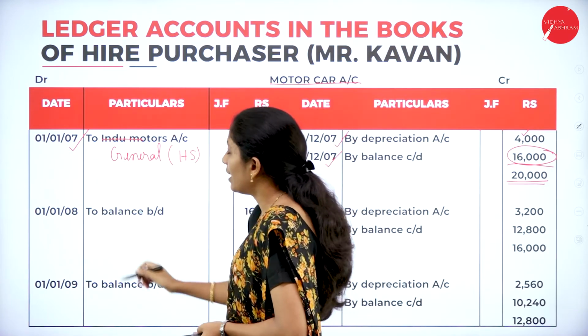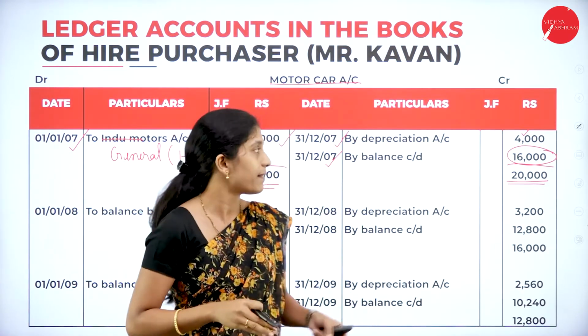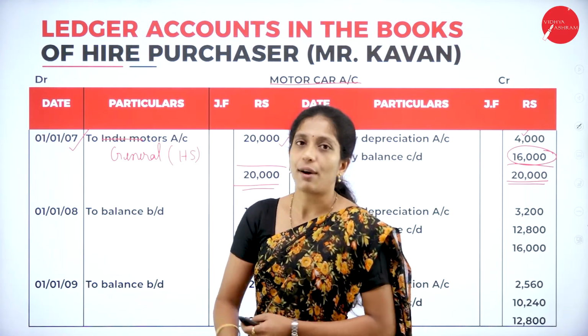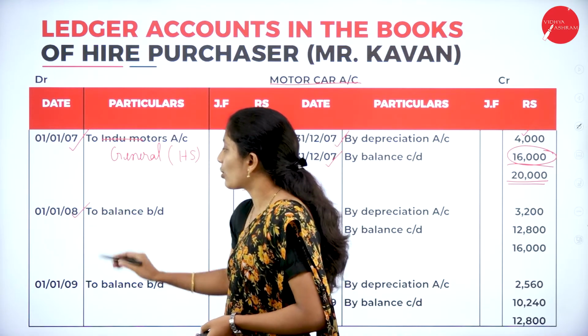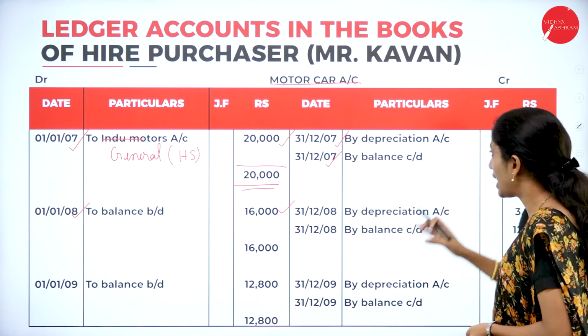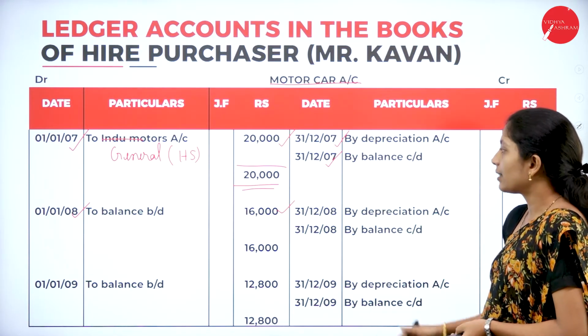Now in the second year, whatever amount you carried down at the end of the previous year, that is 31/12/07, you have to bring down that balance. 1/1/08 to balance brought down, how much? 16,000. Whatever amount you carried down, you bring down that amount, 16,000.